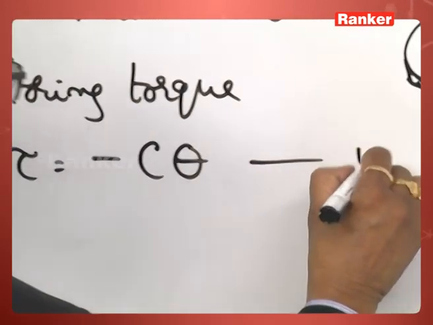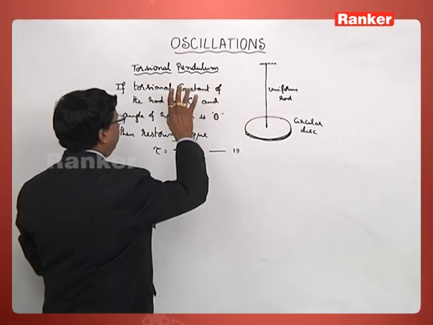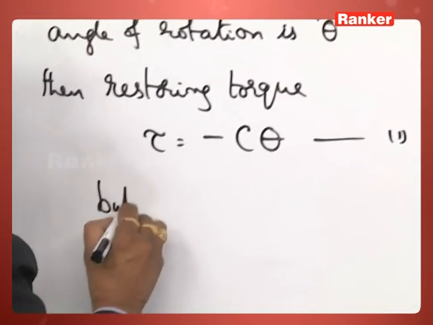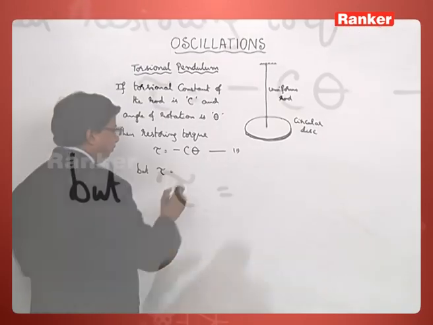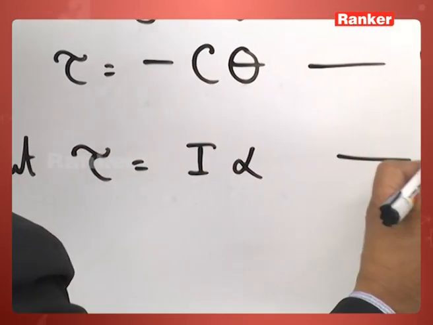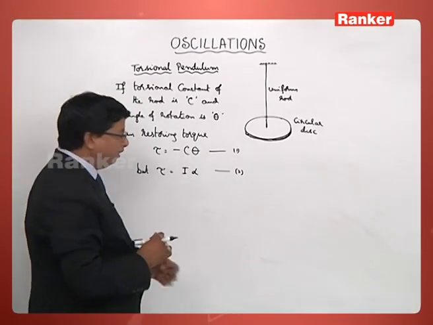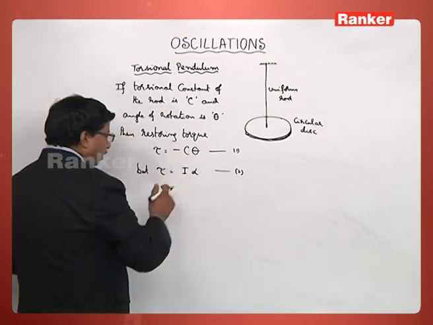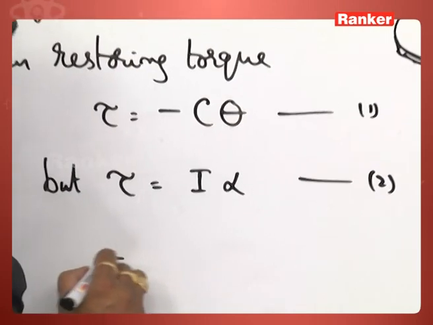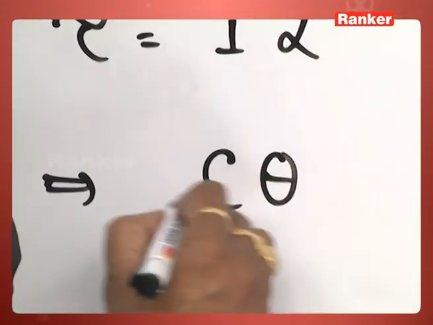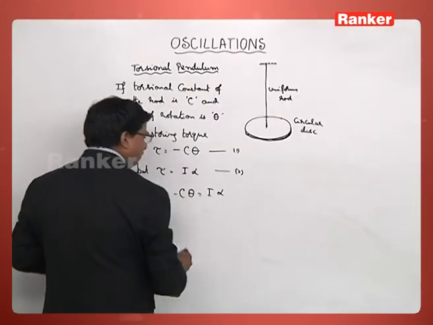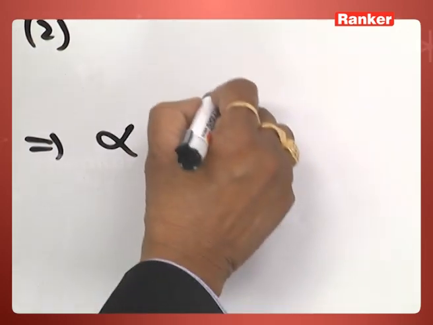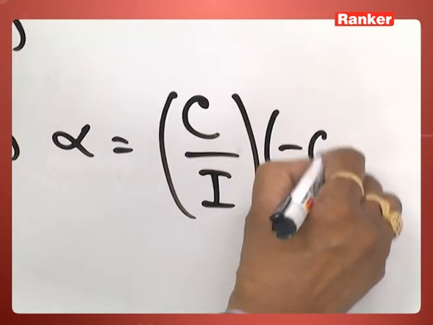So, this is the basic equation one has to remember in the case of a torsional pendulum. But all of us know well, torque is equal to I alpha, where I again is moment of inertia, alpha is angular acceleration. Now, equating these two, we can write C theta is equal to I alpha, that implies alpha will be C by I into minus theta.